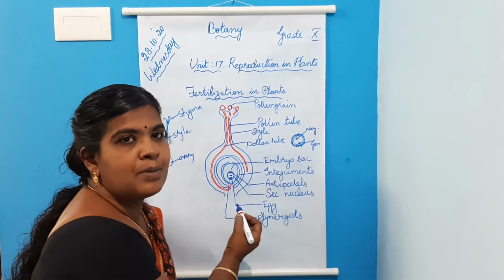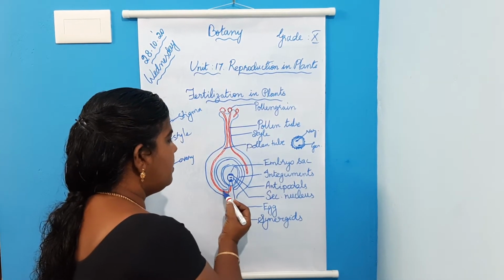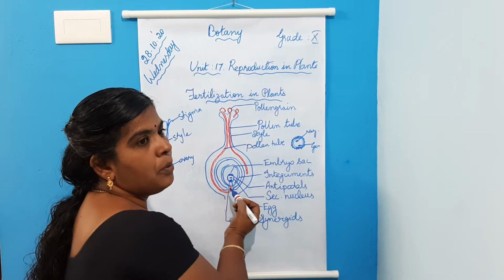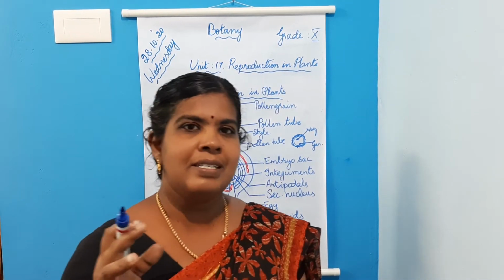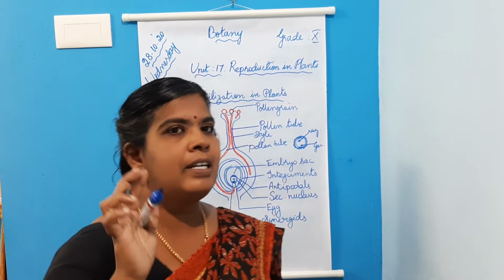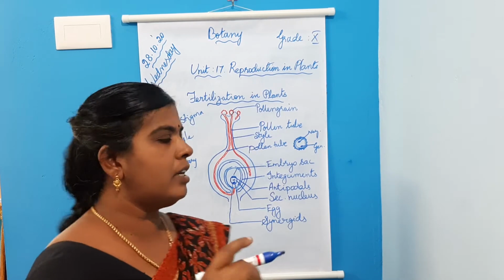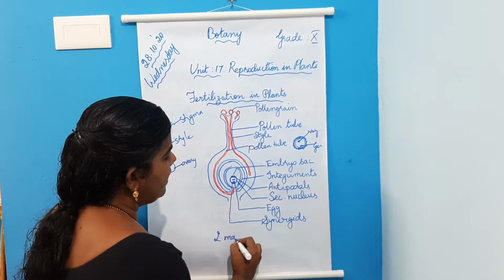You all know what is micropyle, isn't it? The opening of an ovule is called what? Micropyle. Now the pollen tube reaches the micropyle. Here the vegetative cell degenerates or disappears, and the generative cell divides into two nuclei or two male gametes.